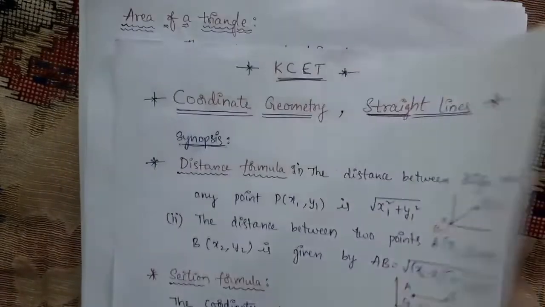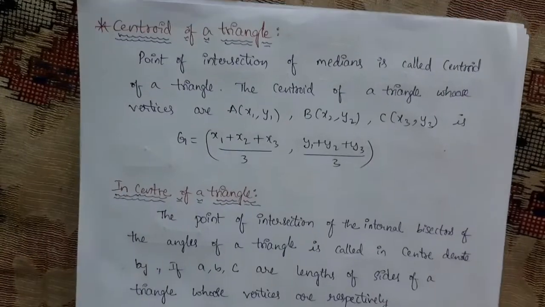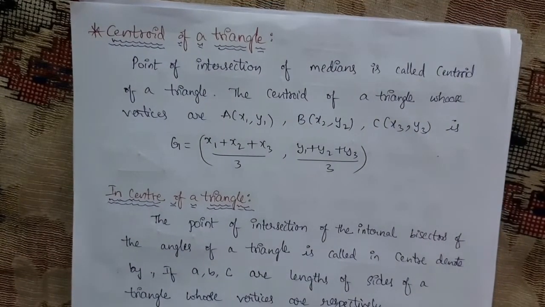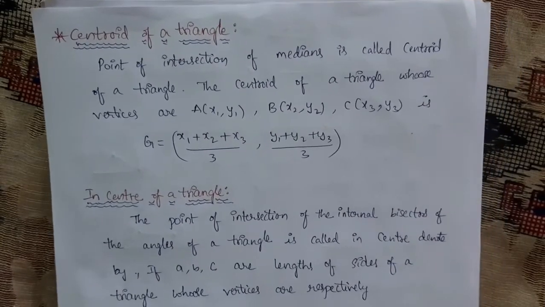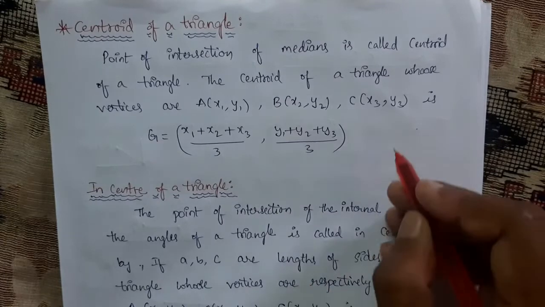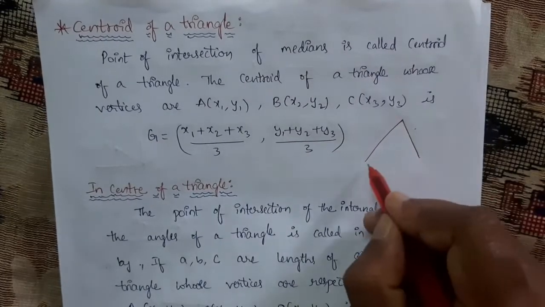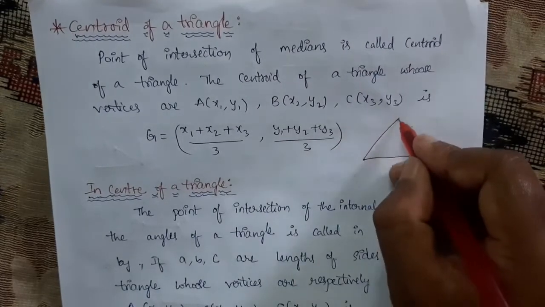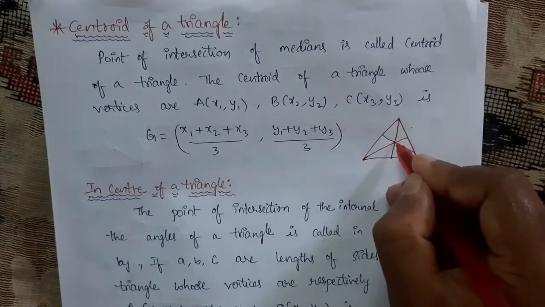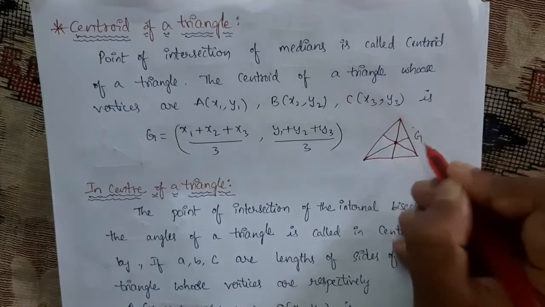Next, centroid of a triangle. The point of intersection of medians is called the centroid of a triangle. The centroid of a triangle whose vertices are given as x1 y1, x2 y2 and x3 y3. This point will be considered as the centroid.